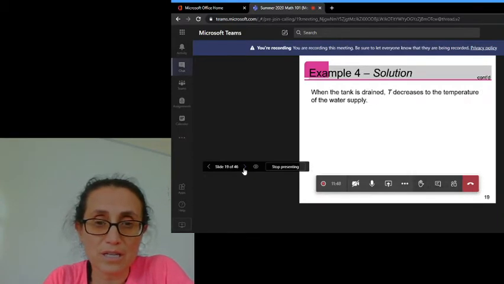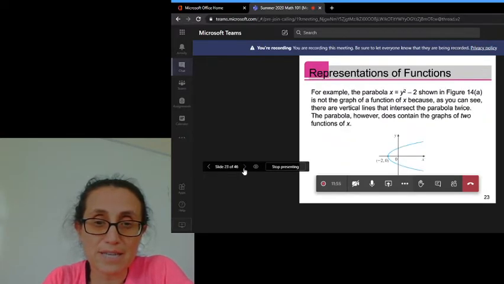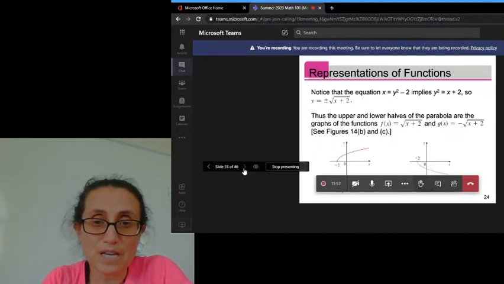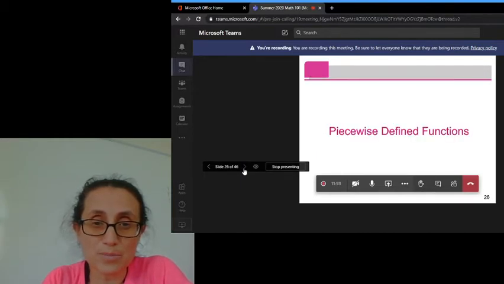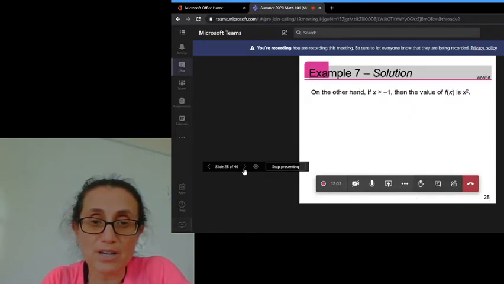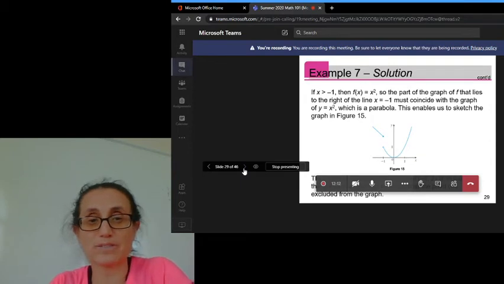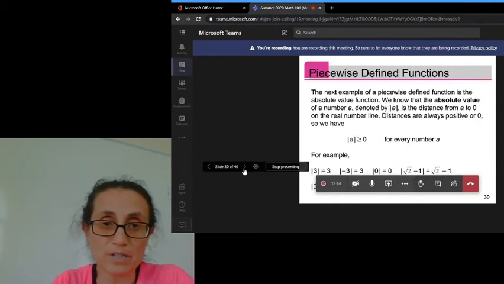And we talked about the vertical line test. We gave a couple of examples, and we did this example. We talked about the piecewise functions, and how we draw the graph of them. We did this example, if you remember.